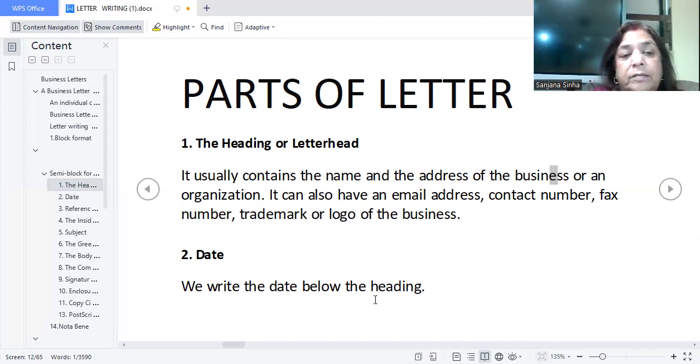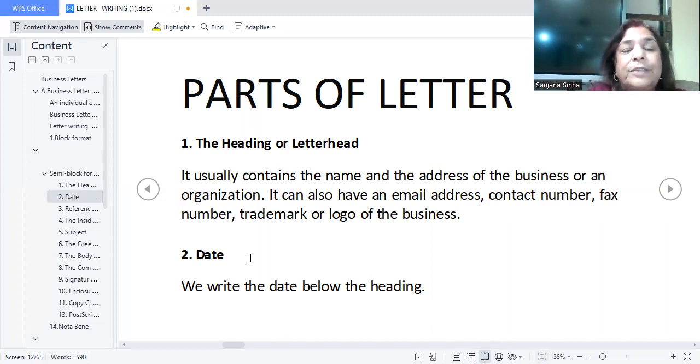And if there are more than one branch, say 4 or 5 branches, the name and the address of the branch and the contact number, the telephone number of the branch also is mentioned there.